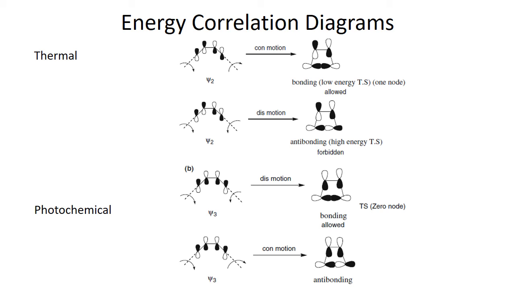But in case of conrotation, overlapping is not feasible because the lobe signs don't match. And this is not just about the signs of the lobes. If you carry out the symmetry operations here again, just like we did in case of thermal electrocyclization of butadiene, you will see that psi 3 has the symmetry matched with the lowest possible energy level of cyclobutene, that we know is sigma 1.